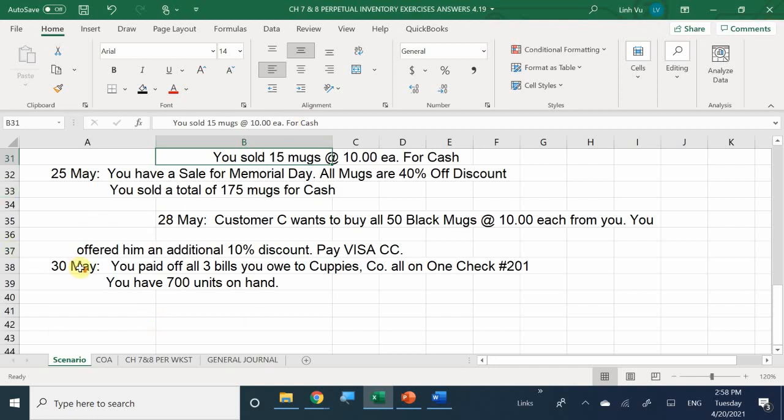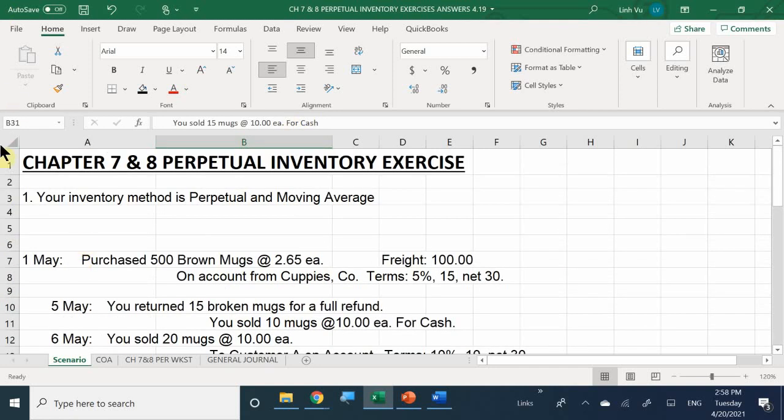The first one is purchased on the 1st of May. We purchased 50, but we ended up returning 15. Did we actually meet the discount period here?